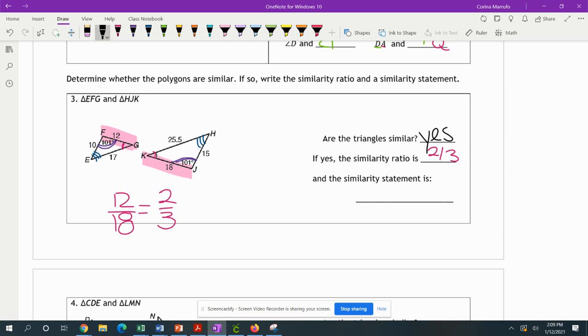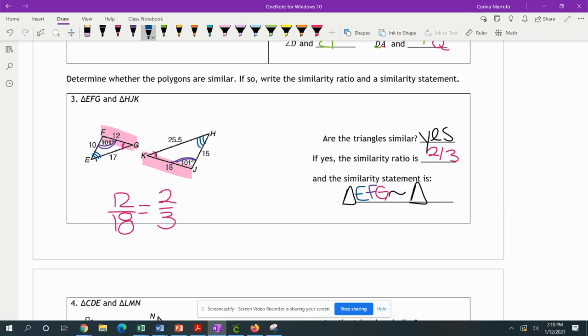So your similarity statement is when you do something like triangle, blah, blah, blah, is similar to triangle, blah, blah, blah. Okay, so on this one, we have E, F, G. Okay, so triangle EFG is similar to, when you write the similarity statement, you do have to match up the angles.